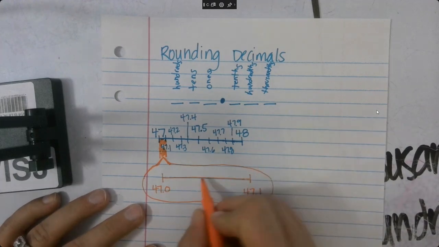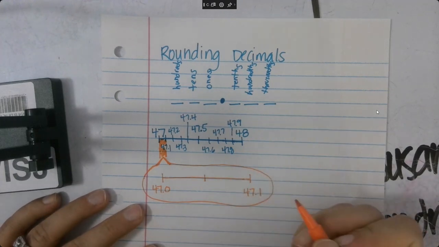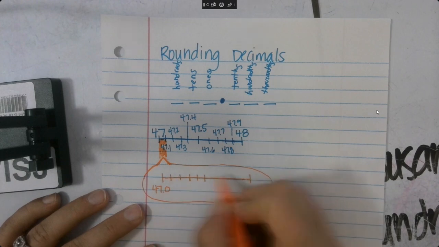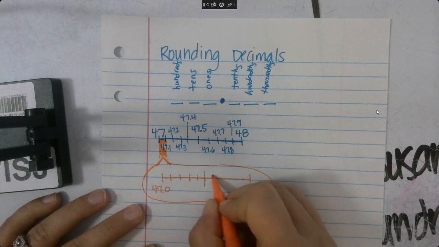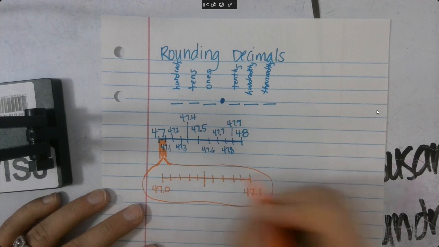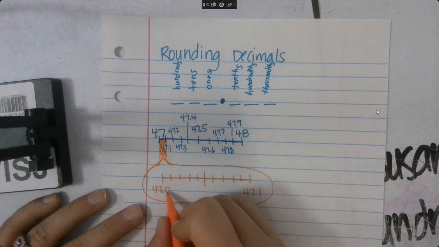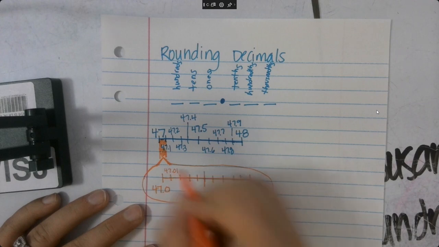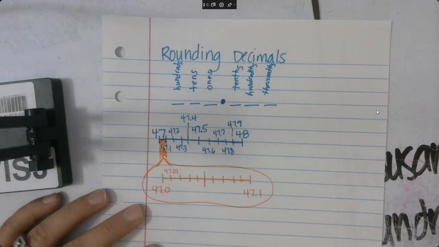When we break that down, we end up with 47.0, 47 and 0, 1.